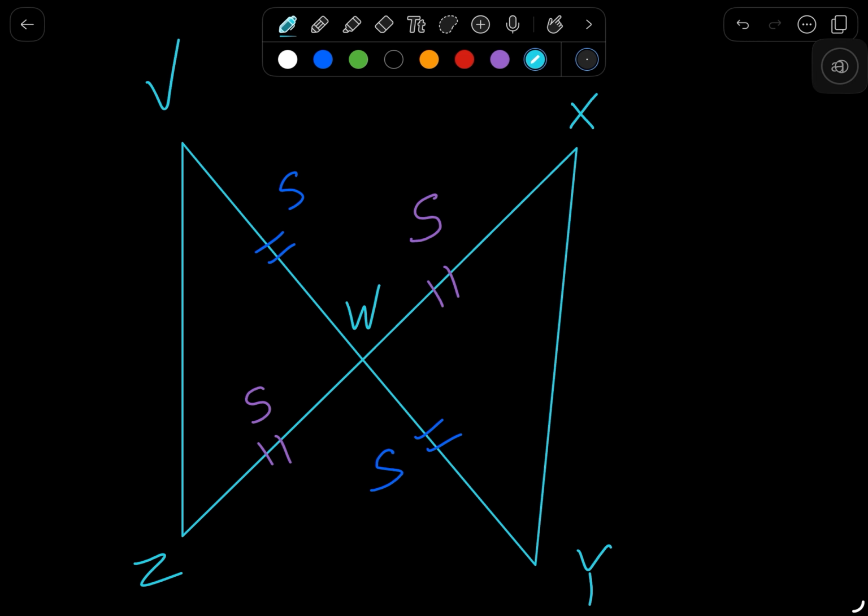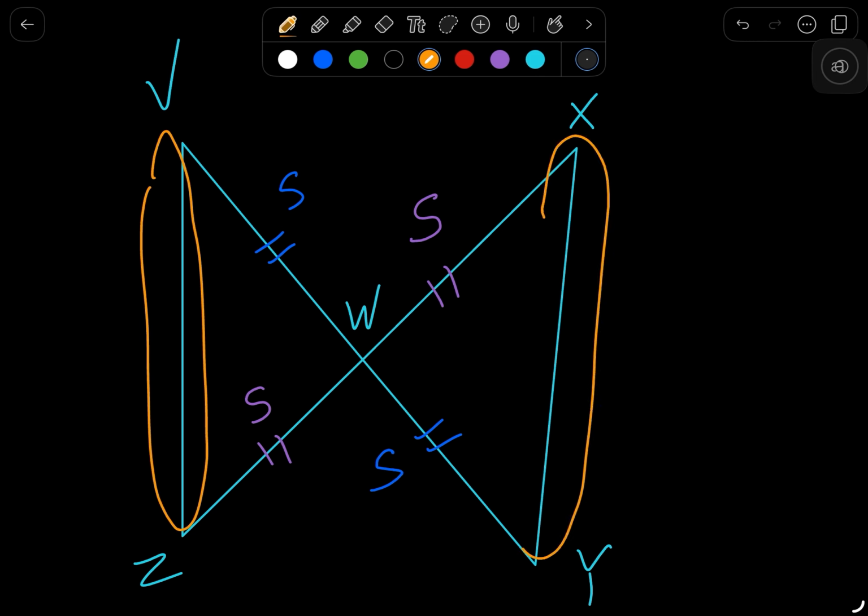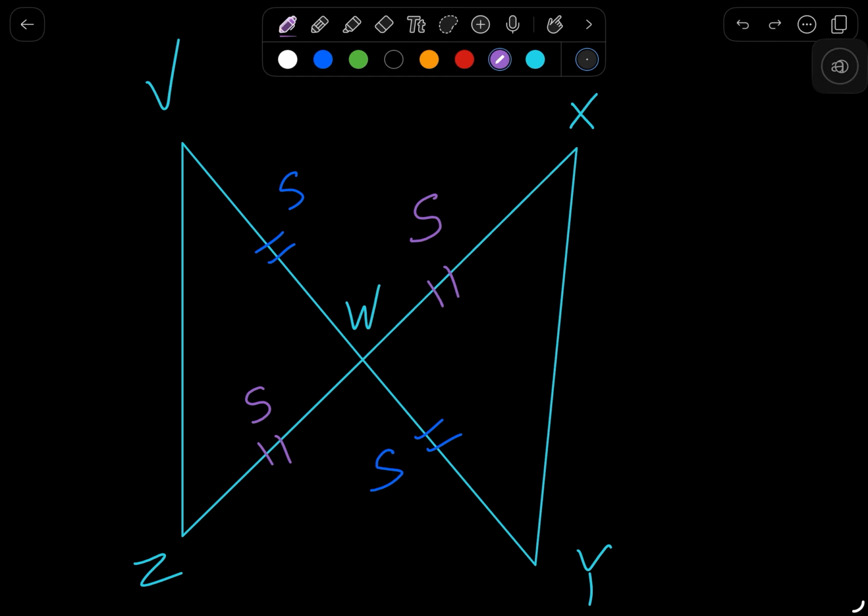Now, can we actually use a third side here? Can we say that this is congruent to this? No, because we're not given anything that suggests that. But what you'll also notice, if you really look at this diagram, is that these two angles here are vertical angles, because we have the two straight intersecting lines.